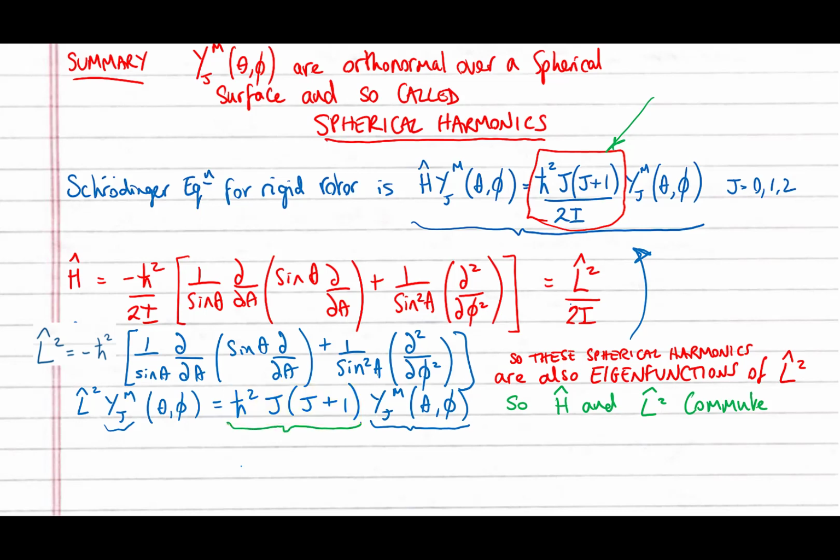So this is going to be our eigenvalue when the operator is L hat squared. So what we'll state in here is that L squared is equal to h bar squared j times j plus 1, and j can take on values 0, 1, 2, etc., as we know.